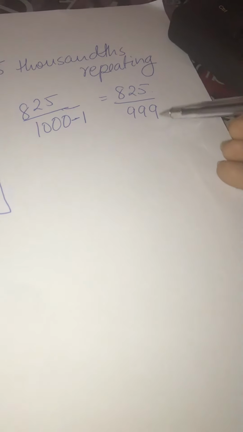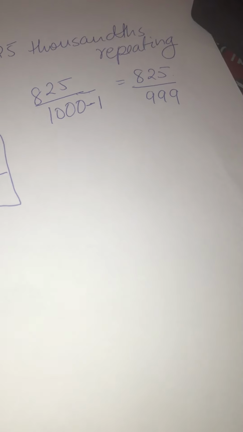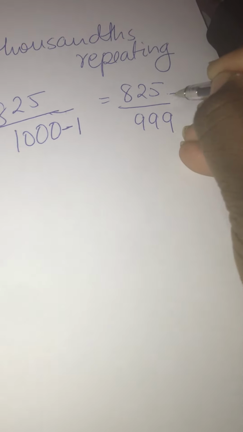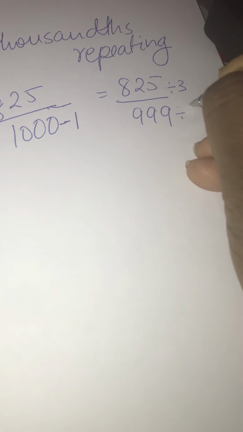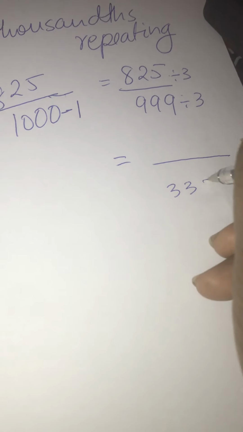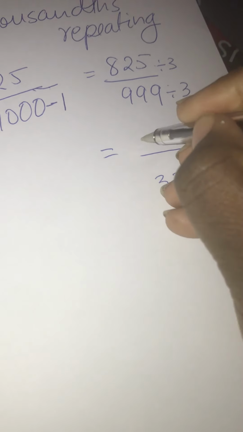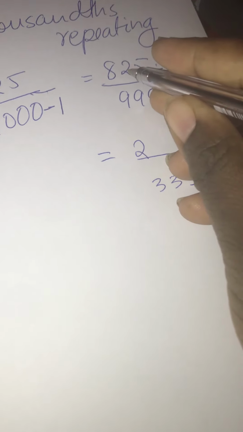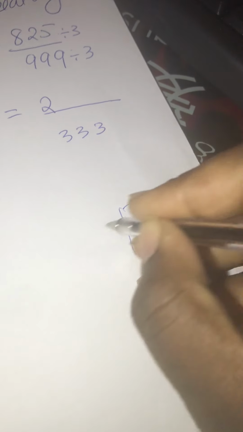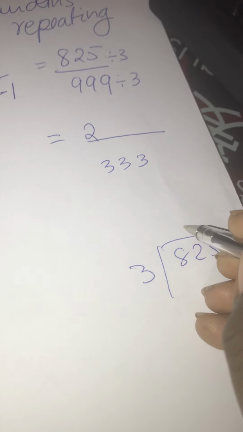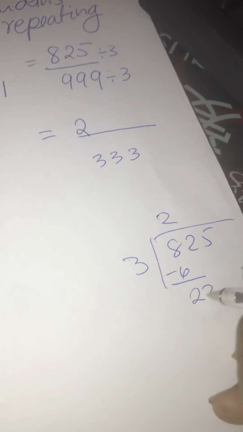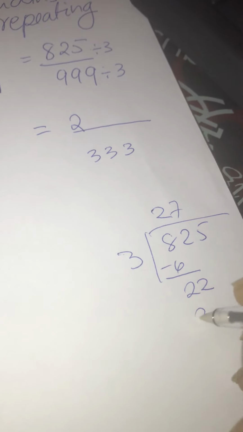There's no common factor. Oh no, there is 3. 3 is a common factor. So 3 goes 3, 3, 3. 3 goes 2, 22. So let's do long division. 825 divide 3. 3 times 2 is 6, minus, you get 22. 3 times 7 is 21.